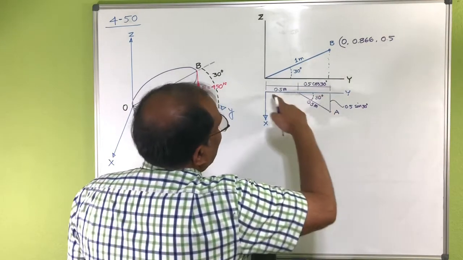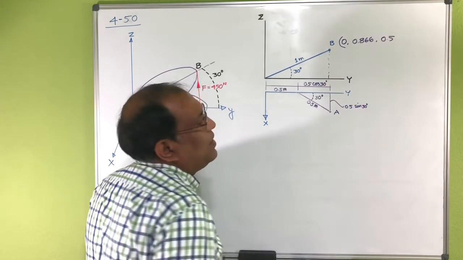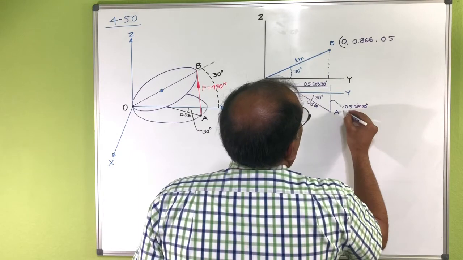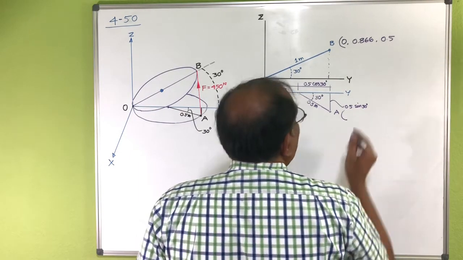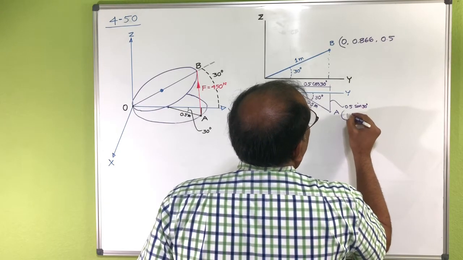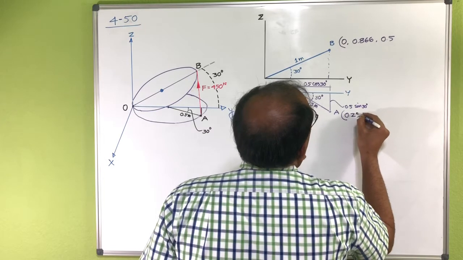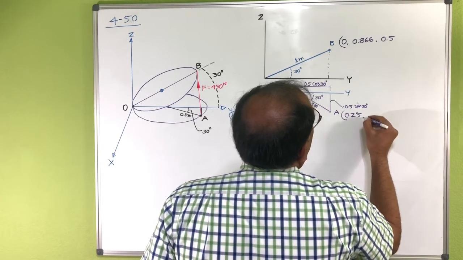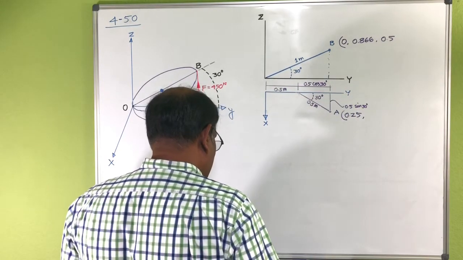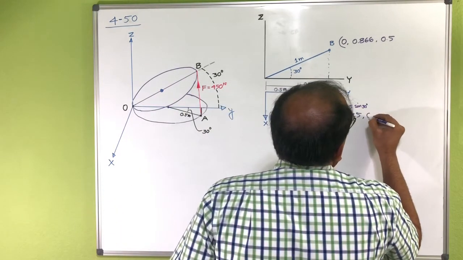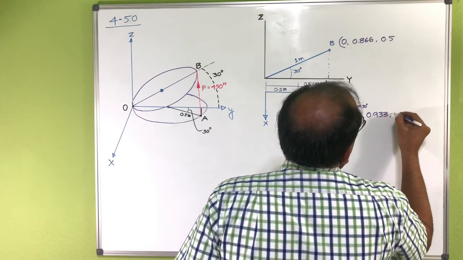And your x is this direction, which is 0.5 sine 30. So the location of A is basically 0.5 sine 30, which is 0.25, and then 0.5 plus 0.5 cosine 30, that's actually 0.933, and your z equals 0.